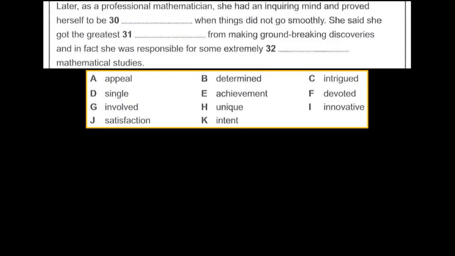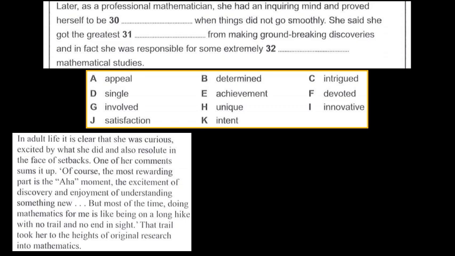Then 30, 31 and 32 are next. So she had an inquiring mind and proved herself to be what when things did not go smoothly. So in this section, setbacks are an example of things not going smoothly. So she proved herself to be resolute.